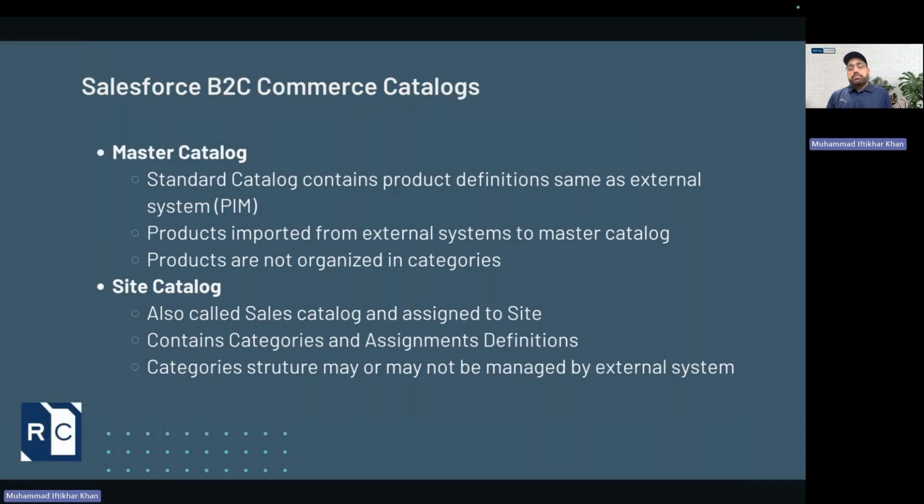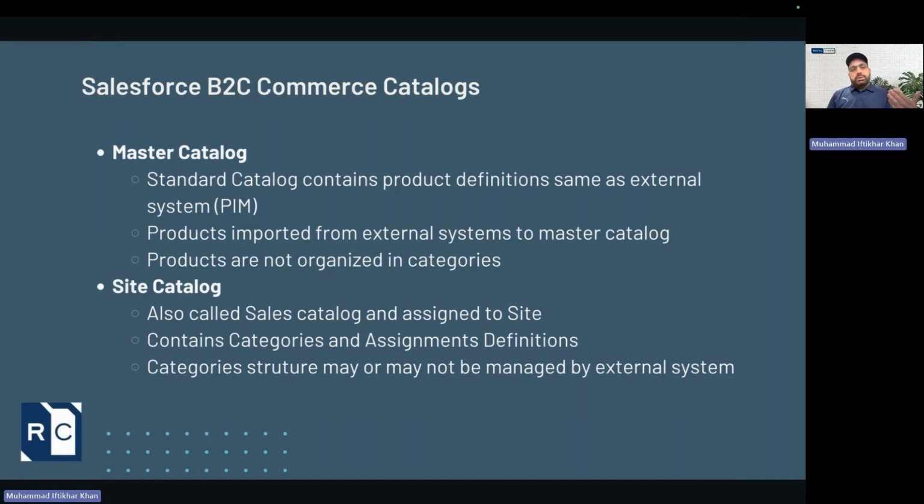So the merchants can create multiple site catalogs in the backend to manage the presentation of their catalog products to the storefront. This is referred to as a site catalog or sales catalog, which contains the category definitions and the hierarchy of those categories, the way they want to present them on the storefront, right?